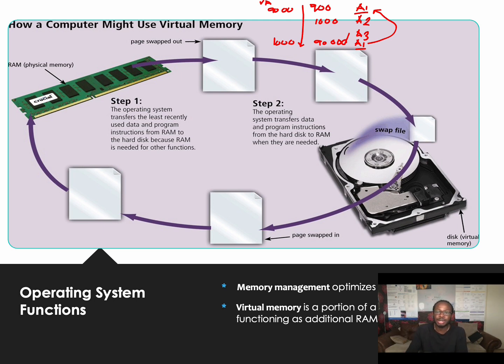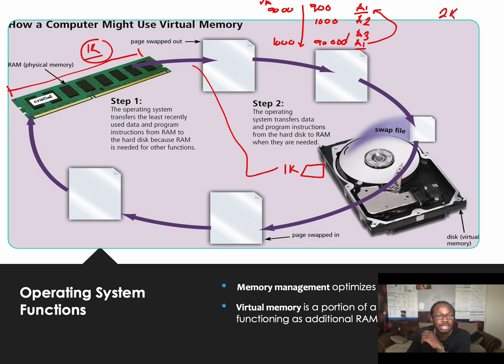But at the same time, there is something called virtual memory in general that has to do with my RAM size. If my memory size is like 1K, so 1 kilobyte worth of memory, and I'm running a game that takes 2 kilobytes worth of memory, and my hard disk is about 1 terabyte, I can borrow some small part of my hard disk, an additional 1 kilobyte, to add to my RAM.